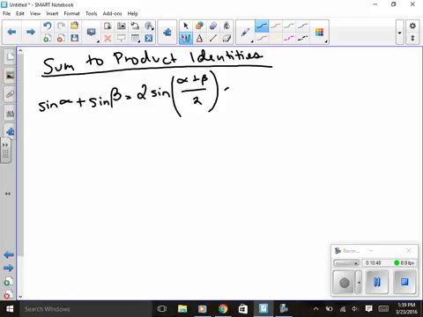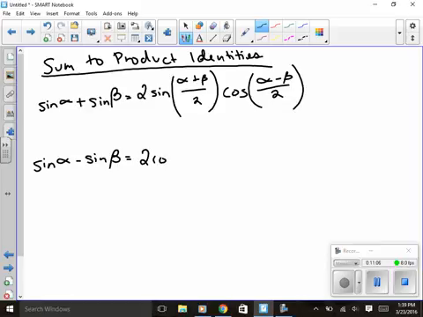Cosine alpha minus beta over 2. And then for subtracting, so we have sine alpha minus sine of beta. That's going to be 2 cosine of alpha plus beta over 2 times sine alpha minus beta over 2.